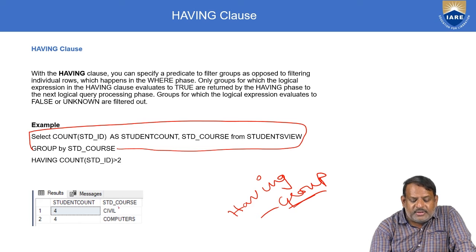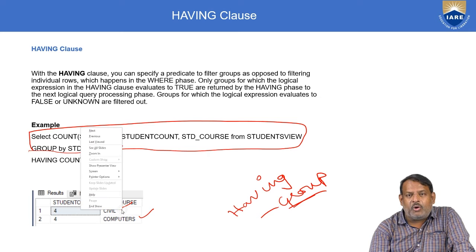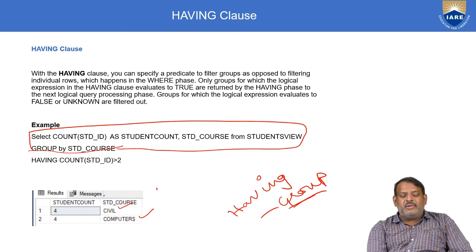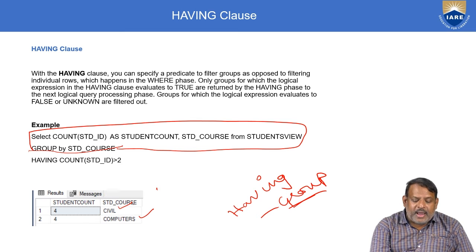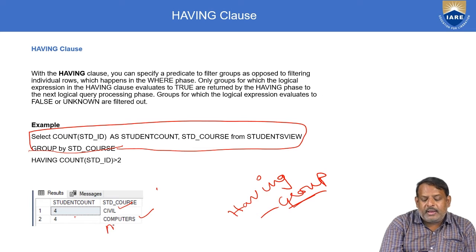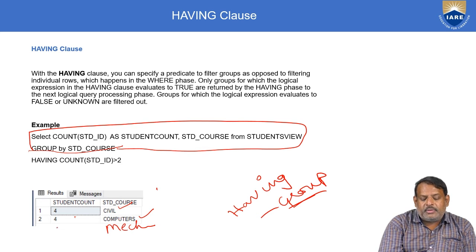So I have civil with 4 students, computer science with 2 students. Because I made group by courses, in civil I'll see the count, and in computers also I'll see the count. So I have 2 groups here. If there is one more group called mechanical, it could have a value as well.